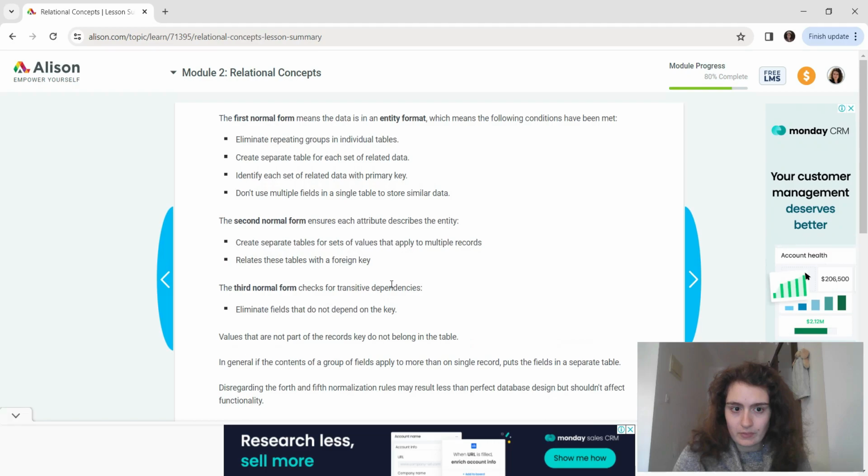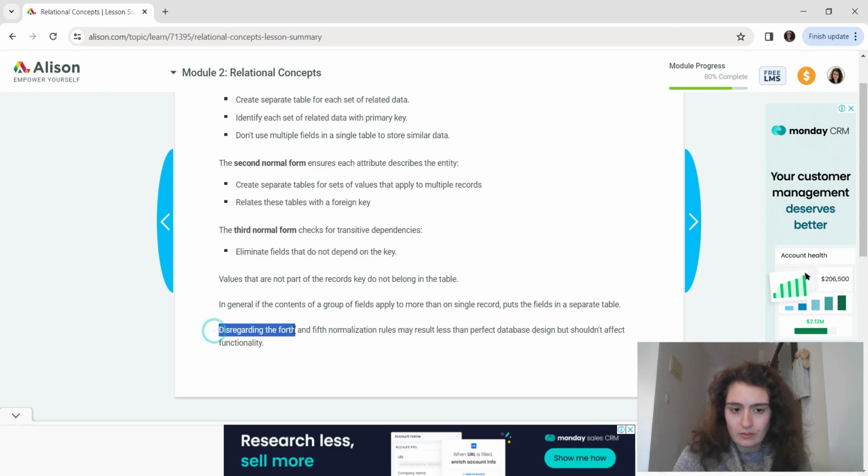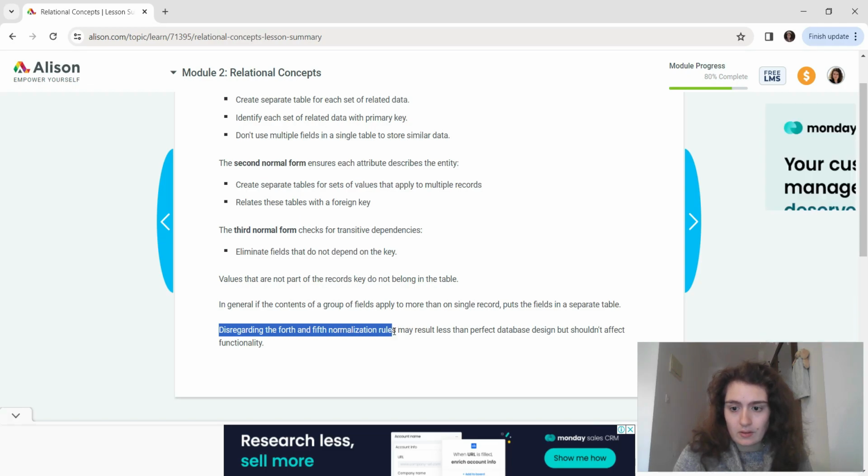This just goes into more detail of the first three normalization forms. So again, when we disregard the fourth and the fifth normalization methods, the databases will still function and accomplish, there will still be relational integrity between the databases, but it could be perfected perhaps with the implementation of the fourth and the fifth normalization methods.